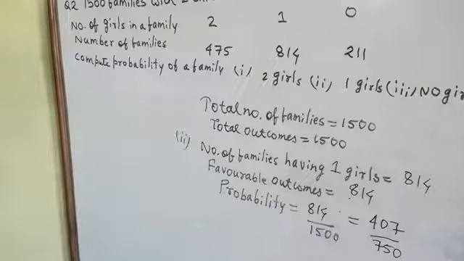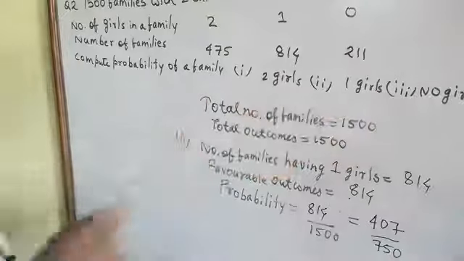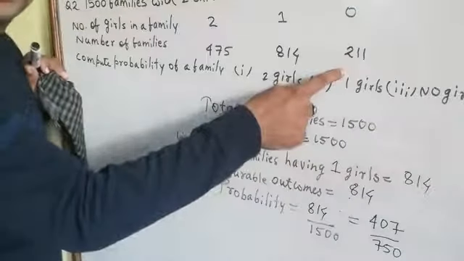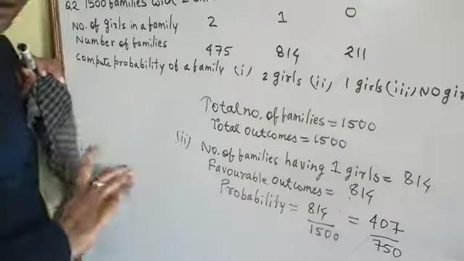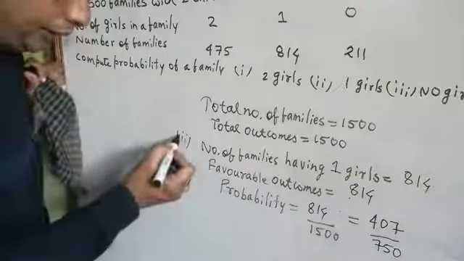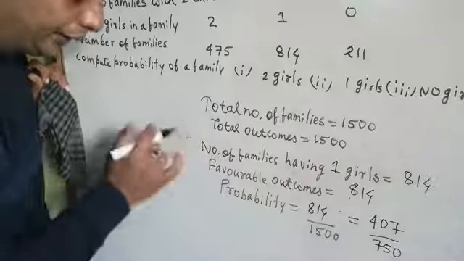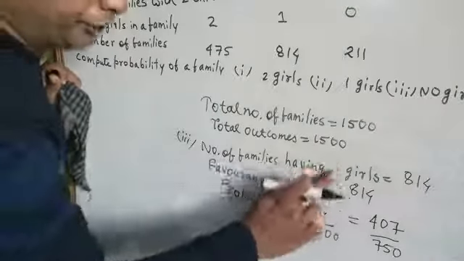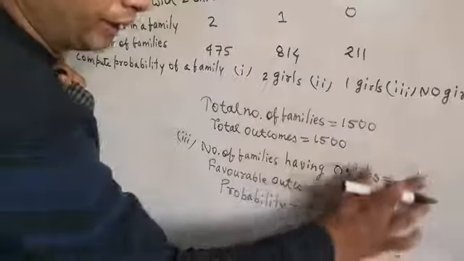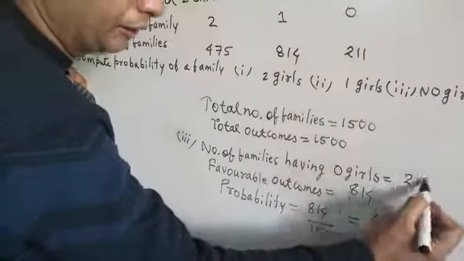Now we have to find the probability of the families having no girls. The second question is over, and now for solving the third one, we'll change the step. Number of families having 0 girls, we will write here 0, and such families are 211.